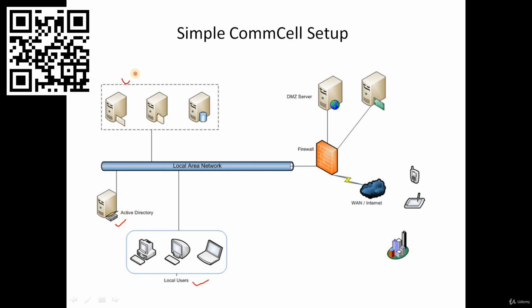I have an email server, a file server, a database server, right? So these are my normal applications that are available in any corporate organization. And also sometimes customers have servers behind the firewall as well, right? So behind the firewall, I have a DMZ zone where I have a web server and an e-commerce server.